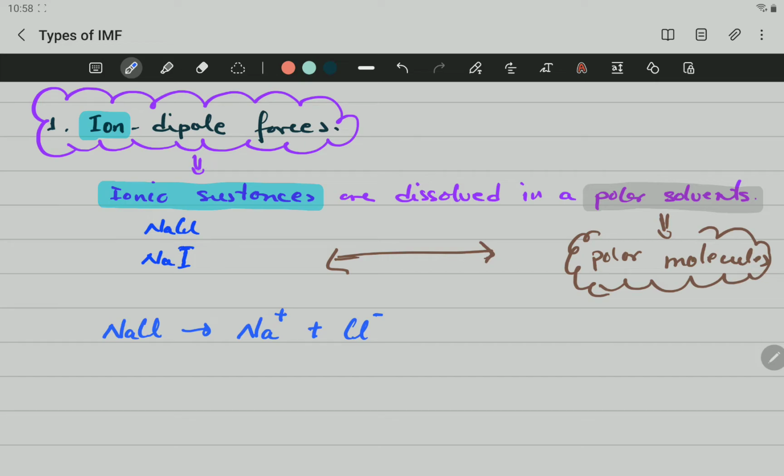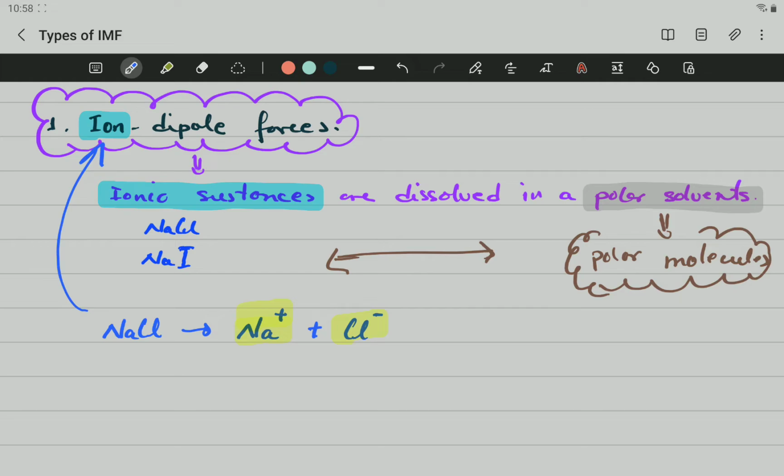These are the ions we are talking about in the name. So when these salts, these ionic substances, dissolve in a polar solvent or in any solvent, they are going to be broken into ions.